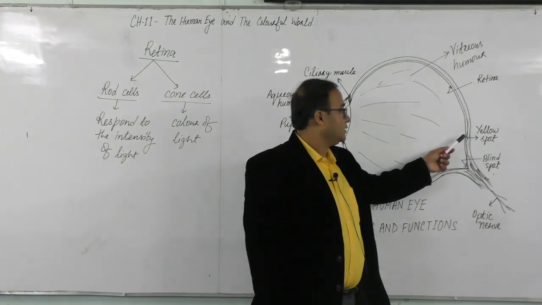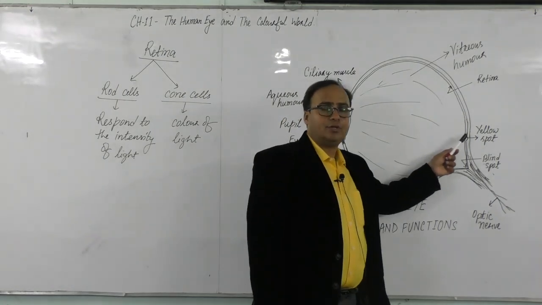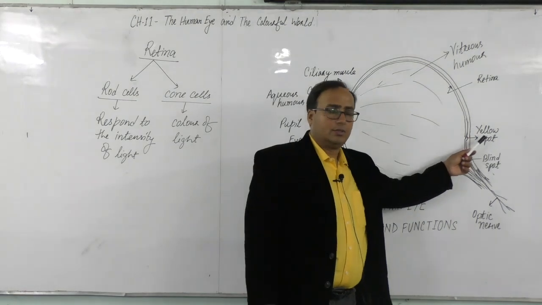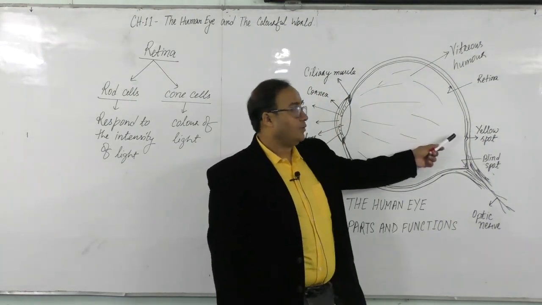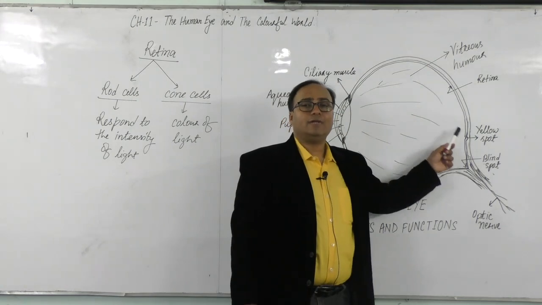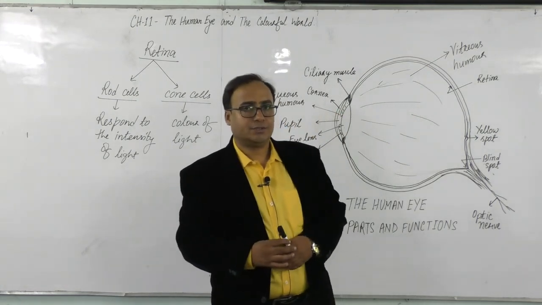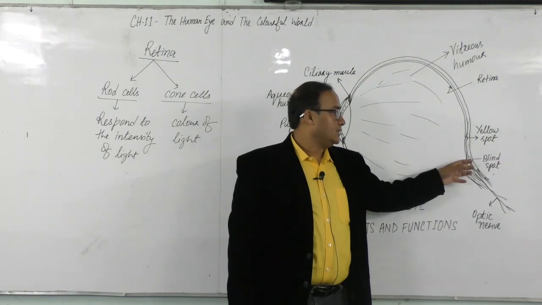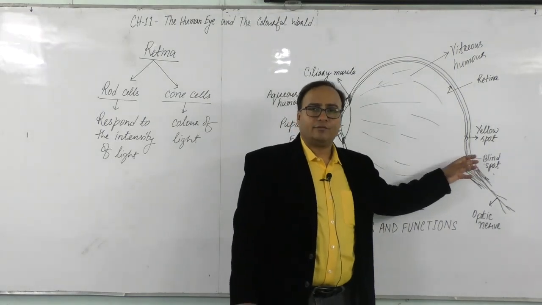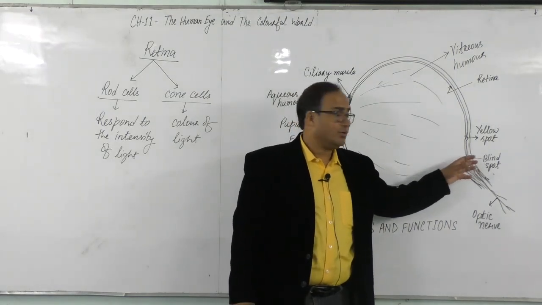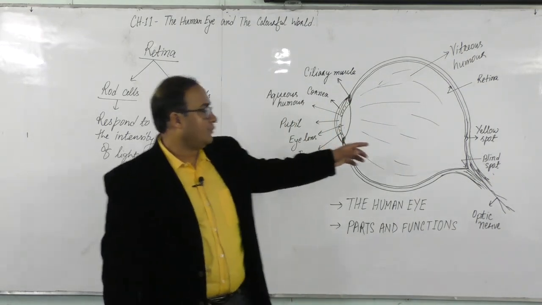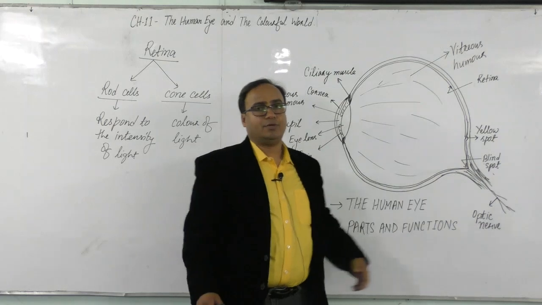On the other hand, the most sensitive spot or region of the retina is called yellow spot, and at this spot if image is formed, we will get the clearest vision. So spot for clearest vision is yellow spot, and the other spot, where even if images are formed, no signal will be sent to brain, is called blind spot.